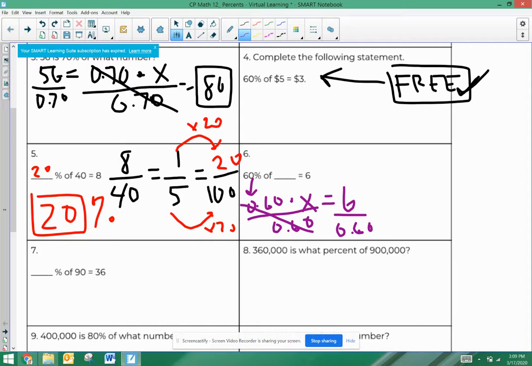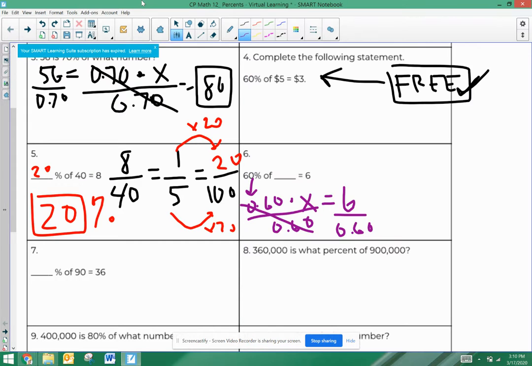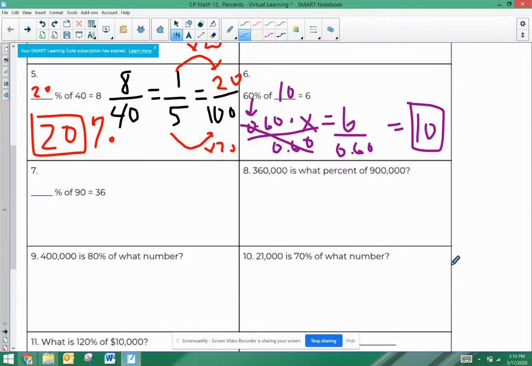So that was 6 divided by 0.60. We got 10. So that makes sense. 60% of 10 is 6. So if you had a 10 question quiz and you got 6 out of the 10 right, that's a 60%. Logical.